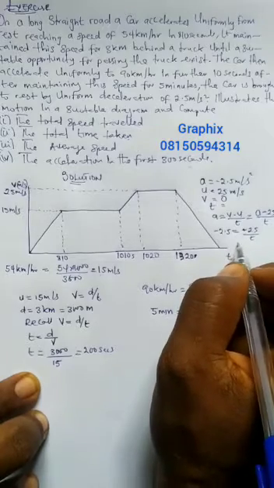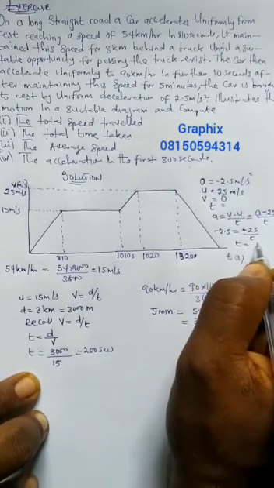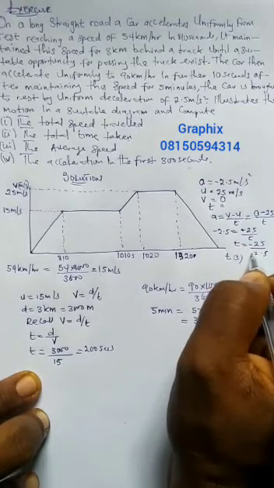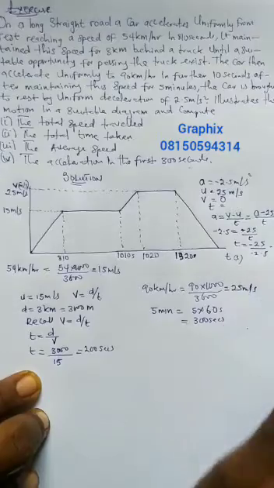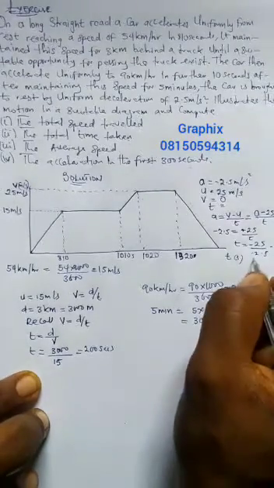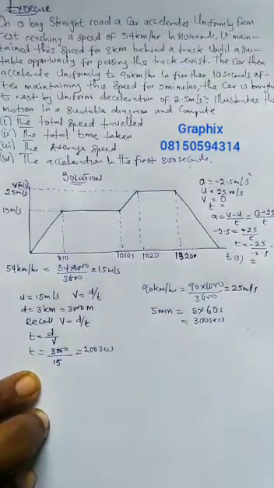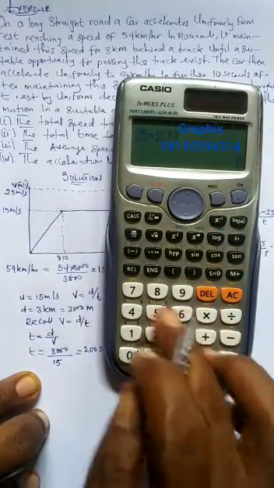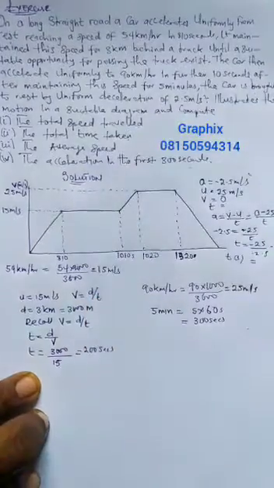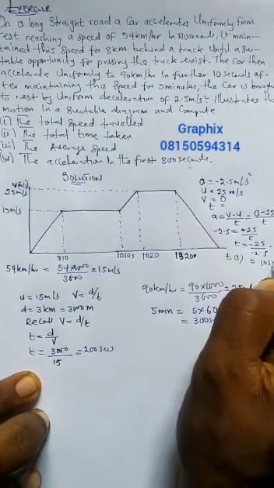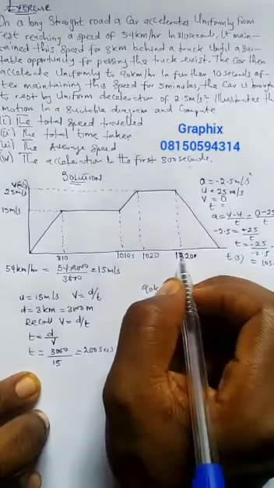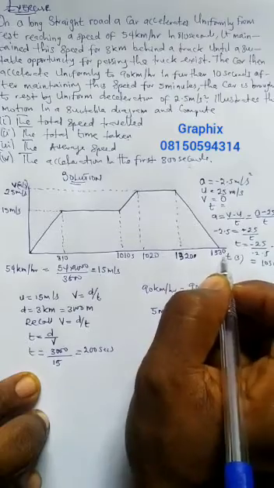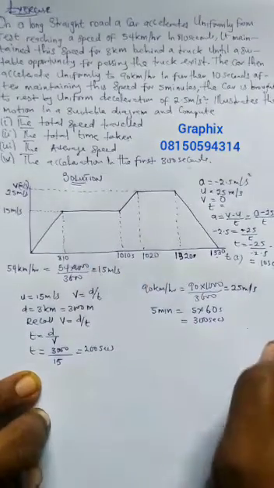If I cross multiply, my t is 25 over minus 2.5, which is 25 divided by 2.5, and that gives me 10 seconds. So it comes to rest in a further 10 seconds. So we have 1330 seconds. That will be the total time here.